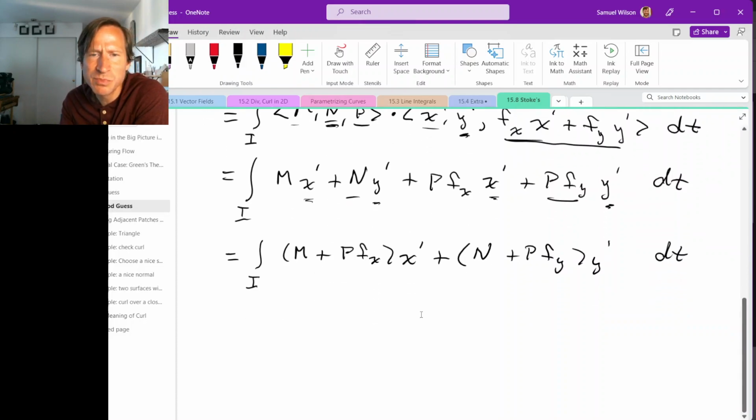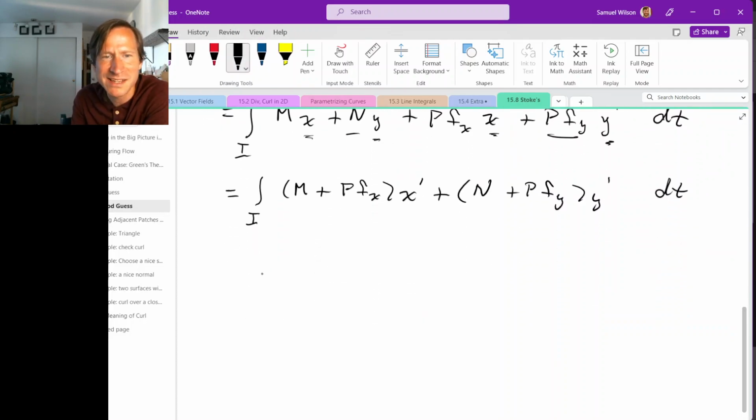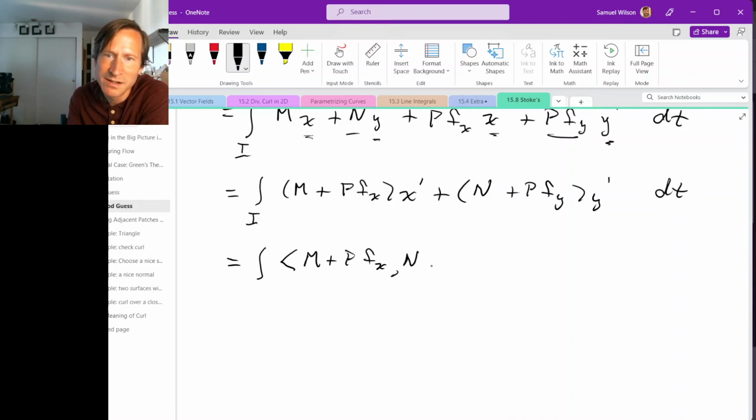And now with the x primes and y primes separated out, you can see that this is actually an integral of the vector field m plus p times f sub x, comma, n plus p times f sub y, dotted with x prime, comma, y prime, dt over the interval I.